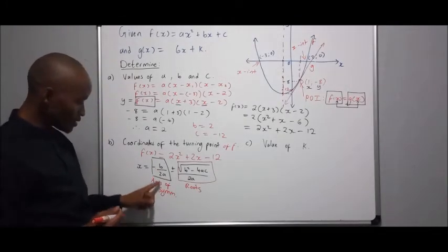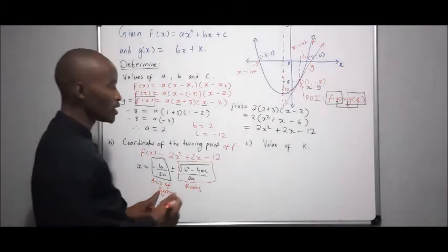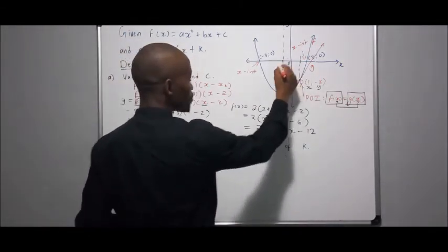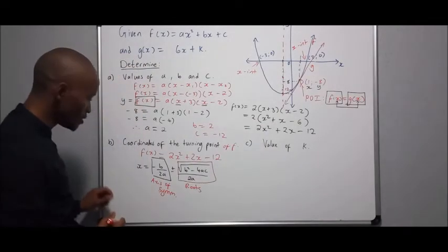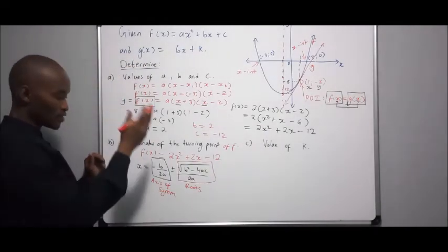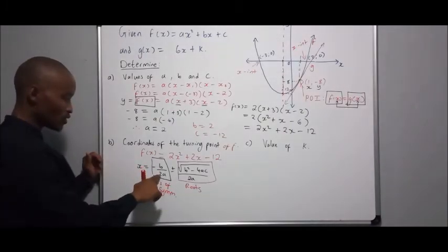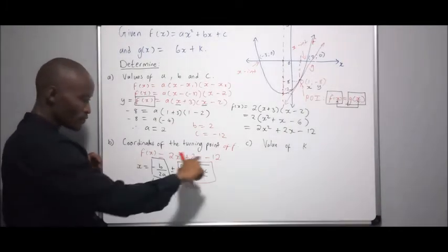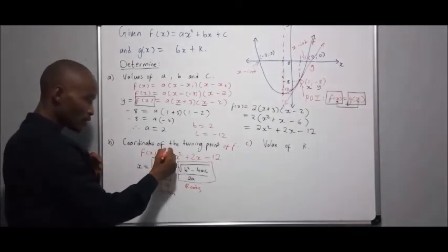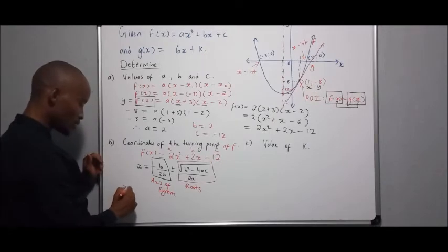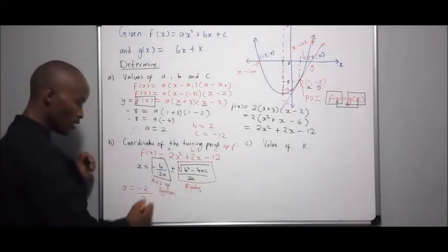Good. So let's get the x coordinate of the turning point, and the axis of symmetry will go through that x coordinate. So the equation is x equal to negative b over 2a. If you have the full equation, you can see this is your a, this is your b, and this is your c. So x is equal to negative, what is your b? It's 2, over 2a. What is your a?